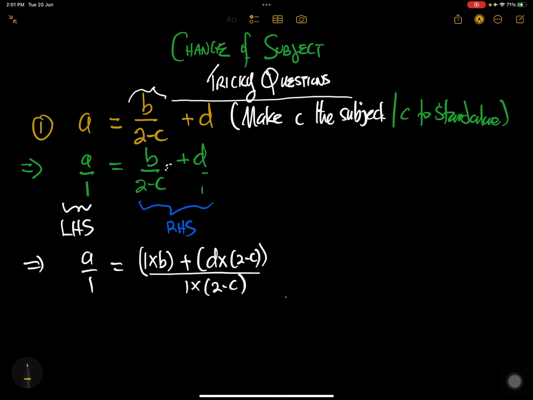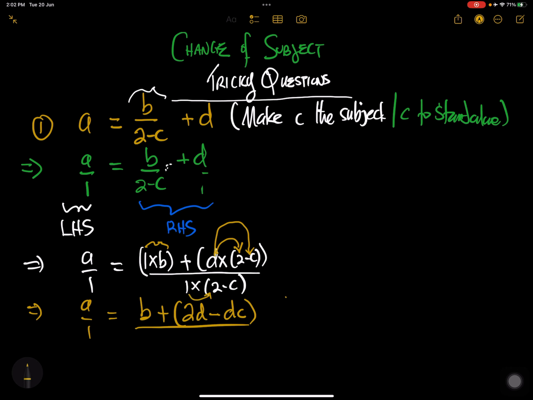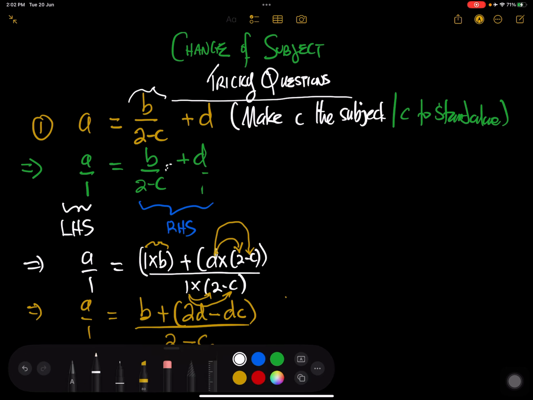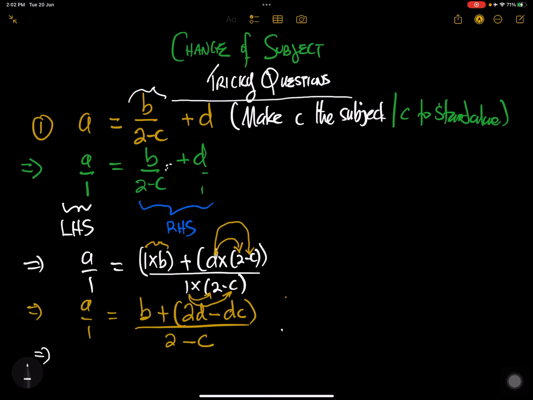So on the left-hand side, it's still going to be the same. We're going to have A divided by 1 equals, and this gives us 1 times B is B, and then we're going to have plus, in parentheses, D multiplying the 2, so that we get 2D, and D multiplying the minus C, and we get minus DC, all divided by 1 multiplied by 2, which gives 2, and the same 1 multiplying the minus C, which gives minus C. So we are getting somewhere.